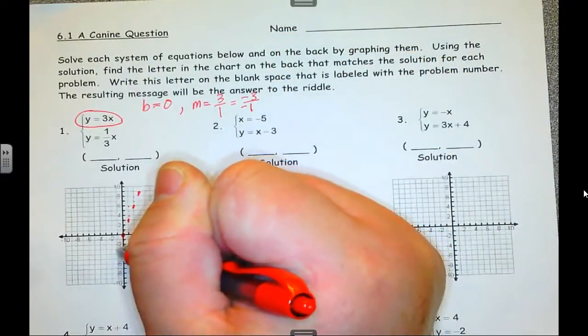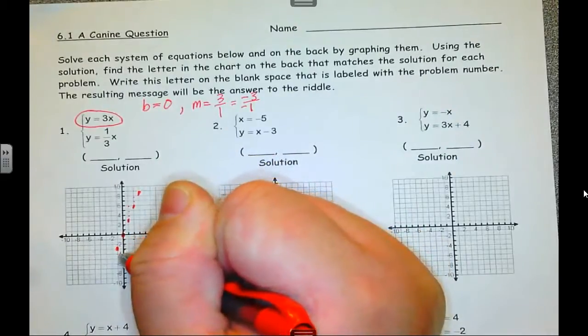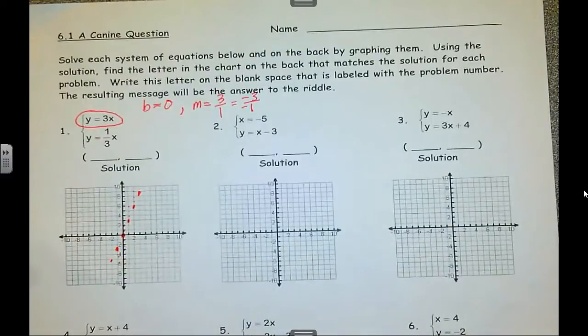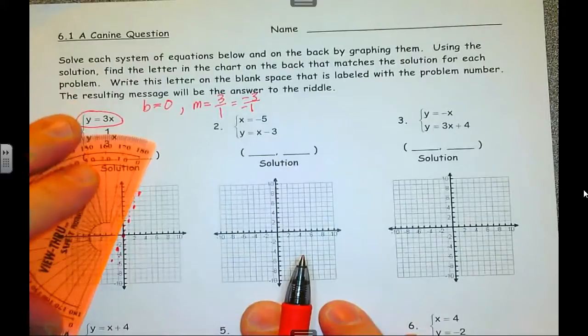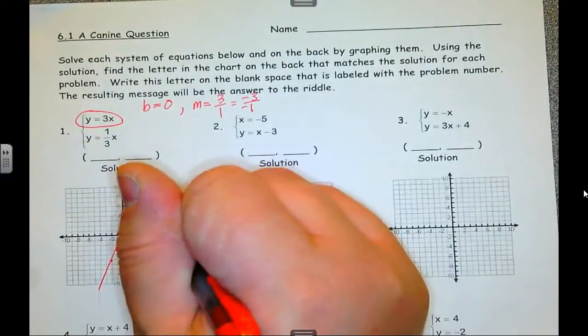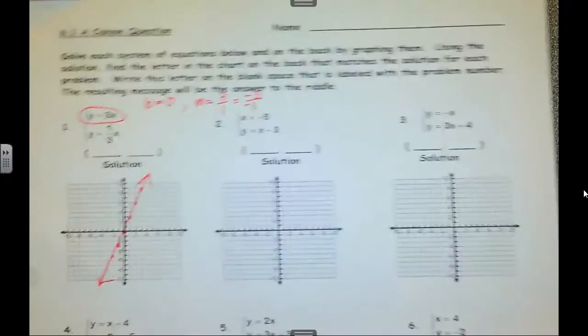See how my line continues? Make myself a nice perfect line because I have OCD about it. And there's that equation.